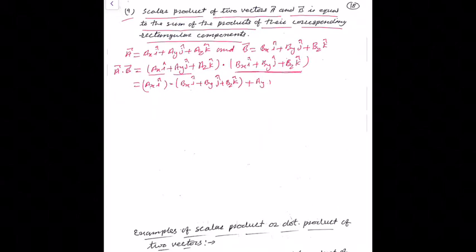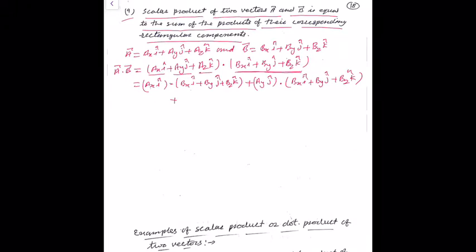So ay j cap dot (bx i cap plus by j cap plus bz k cap) plus next dot product of az k cap with bx i cap plus by j cap plus bz k cap. So we can write az k cap dot (bx i cap plus by j cap plus bz k cap).